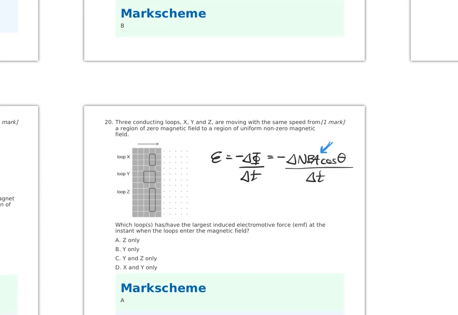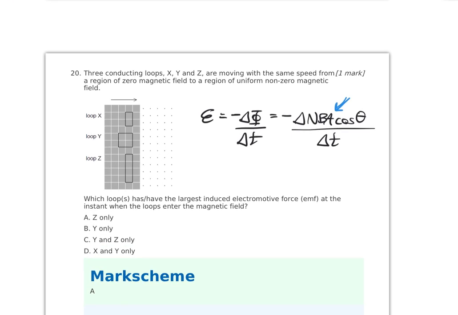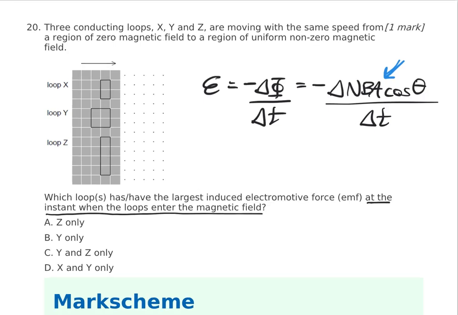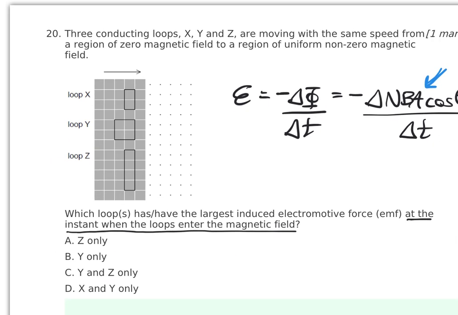So if we look at x, it says at the instant when the loops enter the magnetic field. So it's not saying in general, but at the instant the loops enter the magnetic field. The reason that's important is because you might look at this question and say that y and z have an area of 4 squares, whereas loop x only has an area of 2 squares.